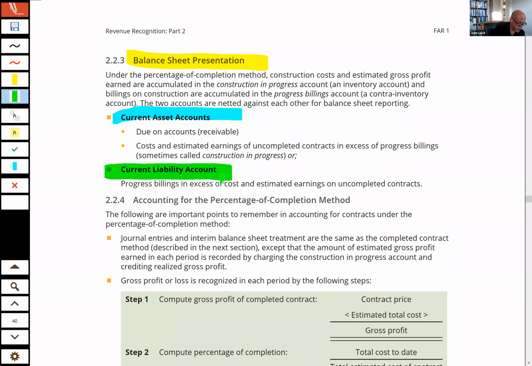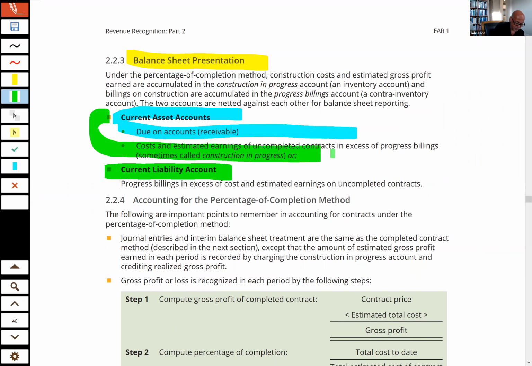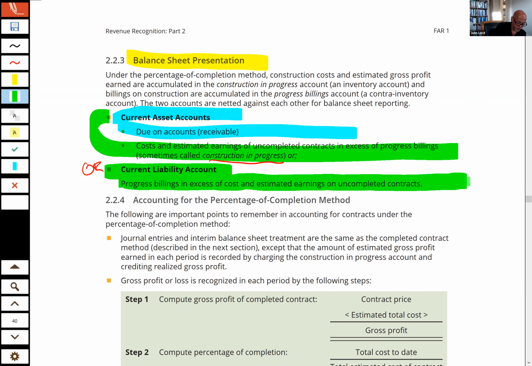We will always have accounts receivable, and that's obviously a current asset. Then you report a second part, which is going to be either a current asset or a current liability. The current asset is called construction in progress. The current liability is called, and it's very descriptive, progressive billings in excess of estimated earnings on uncompleted contracts.